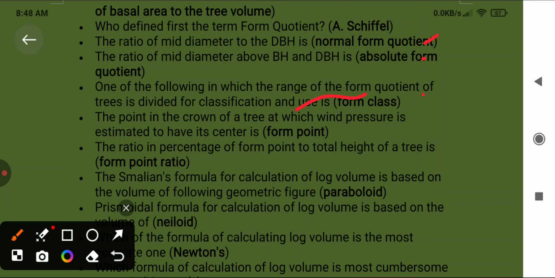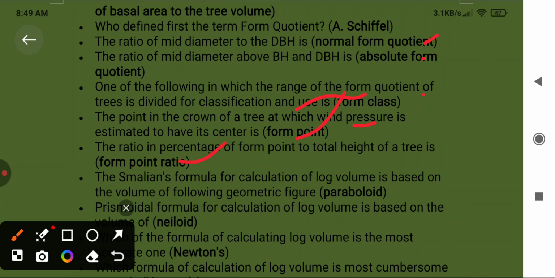The point in the crown of a tree at which wind pressure is estimated to have its center is form point. The ratio in percentage of form point to total height of a tree is form point ratio.